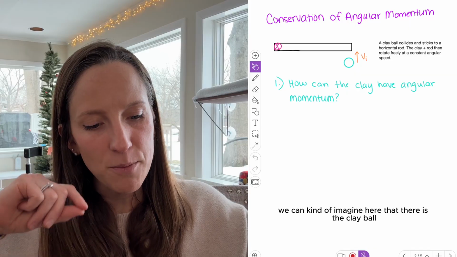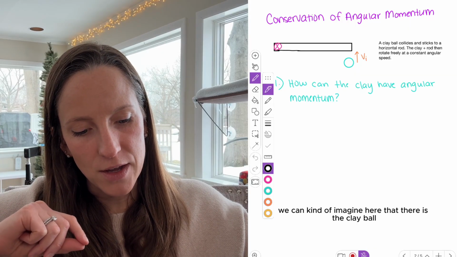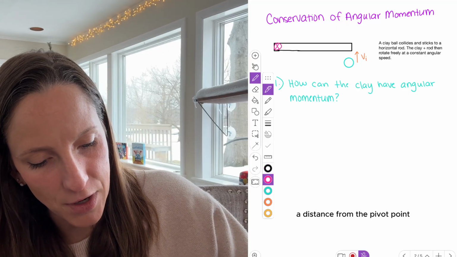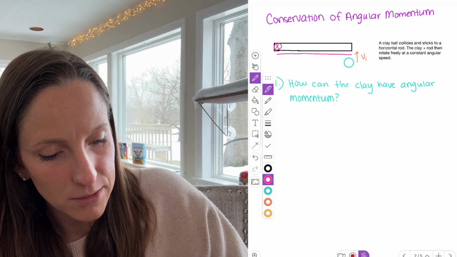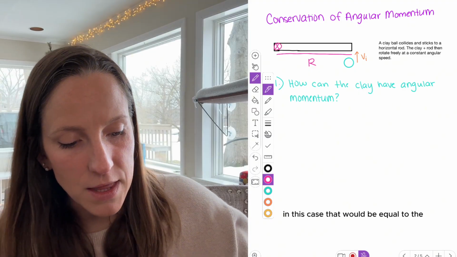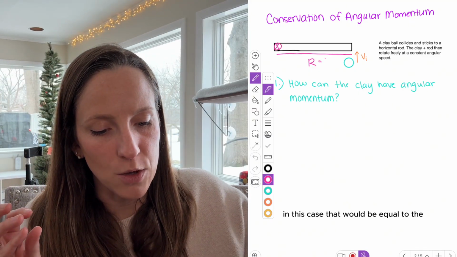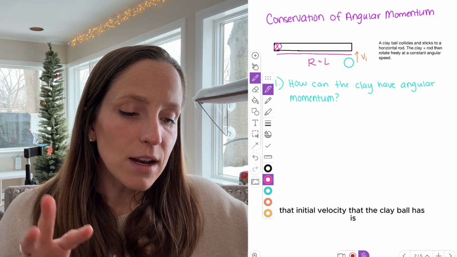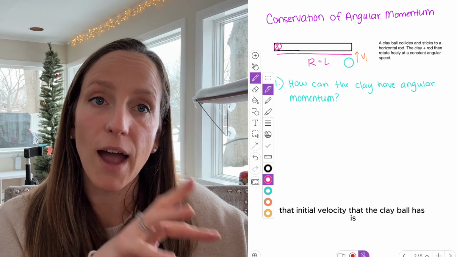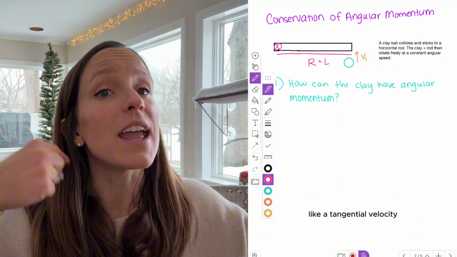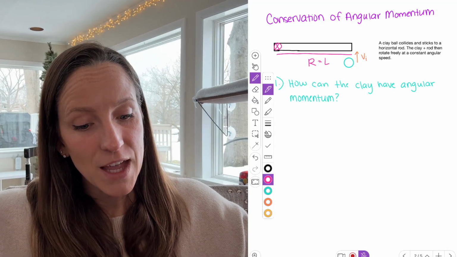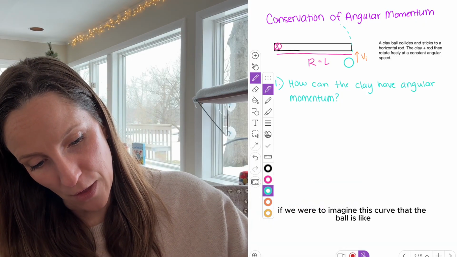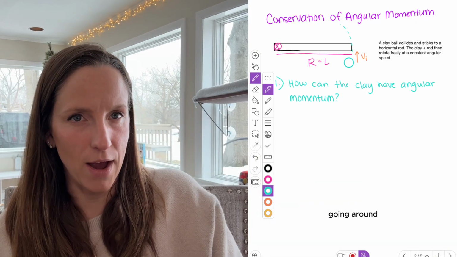We can imagine here that there is the clay ball a distance from the pivot point. In this case, that would be equal to the entire length of the rod. That initial velocity that the clay ball has is a tangential velocity if we were to imagine this curve that the ball is going around.